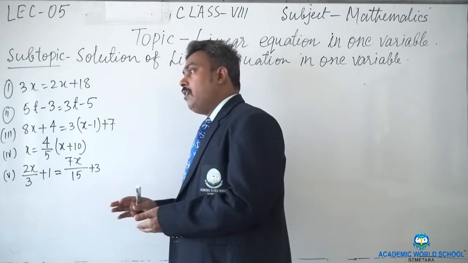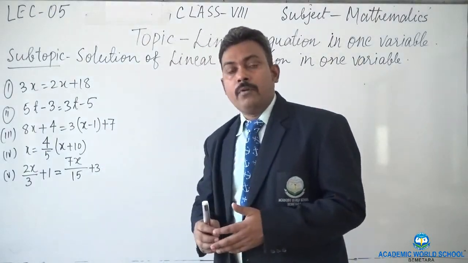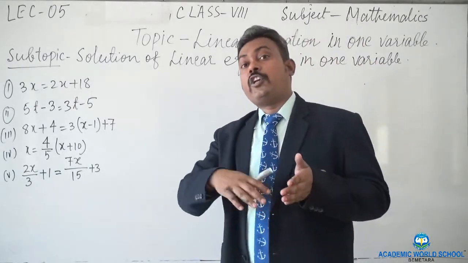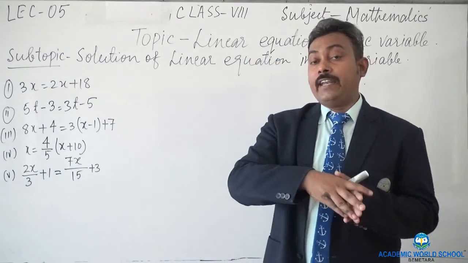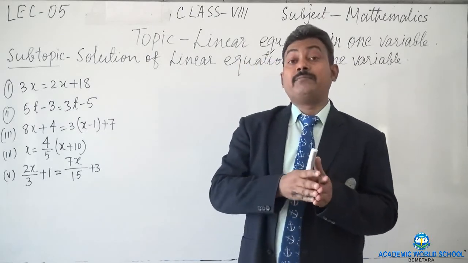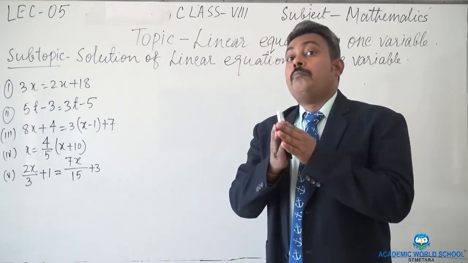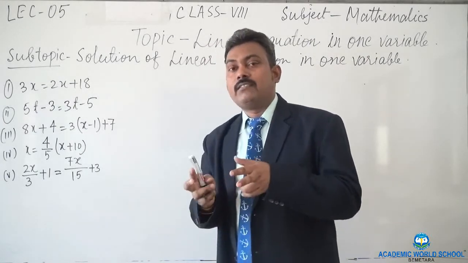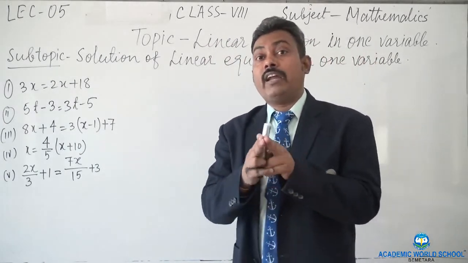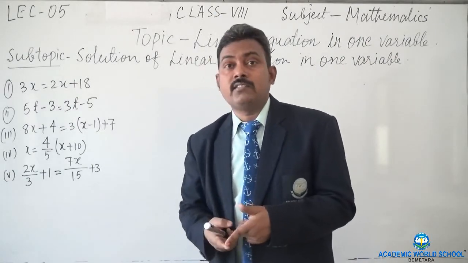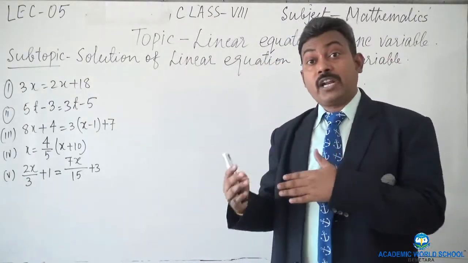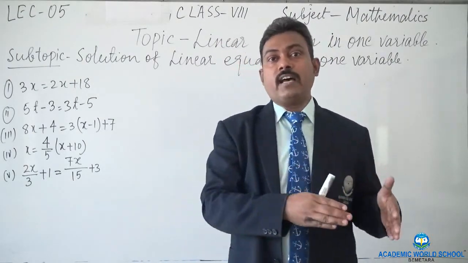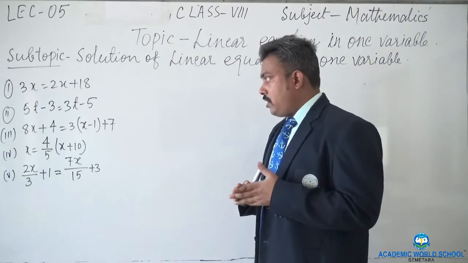If it is already in the simplified form, we just need to transfer or change the sign of variables or constants, because the operation we are going to use here is either subtraction or addition, which we call the addition property or subtraction property, to move a variable or constant from one side to another side, right?